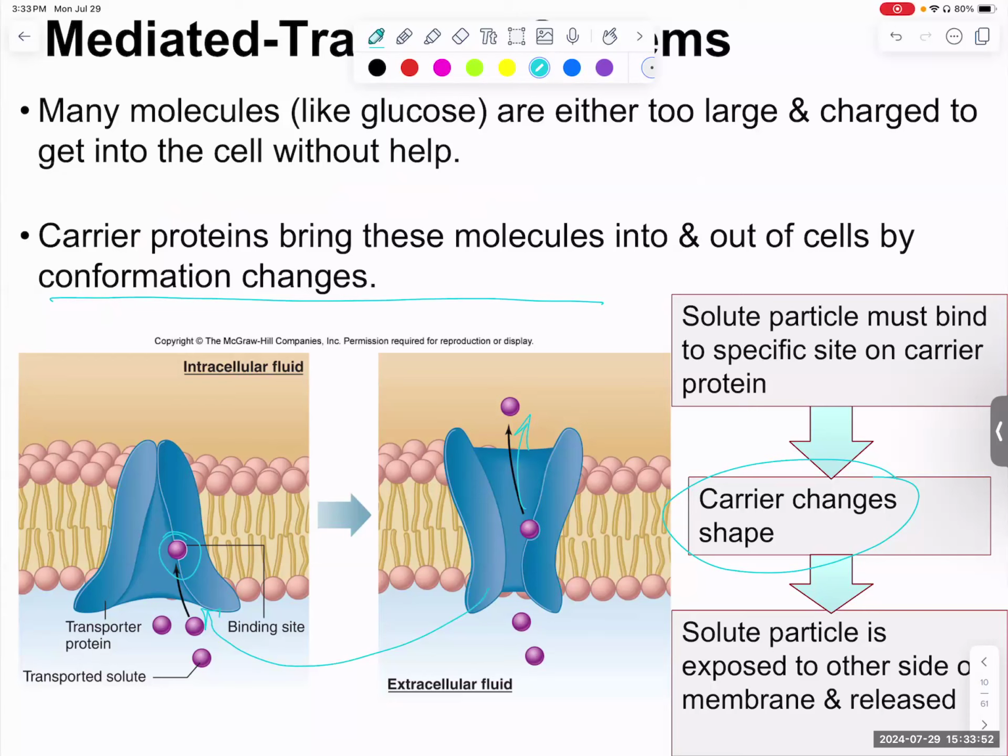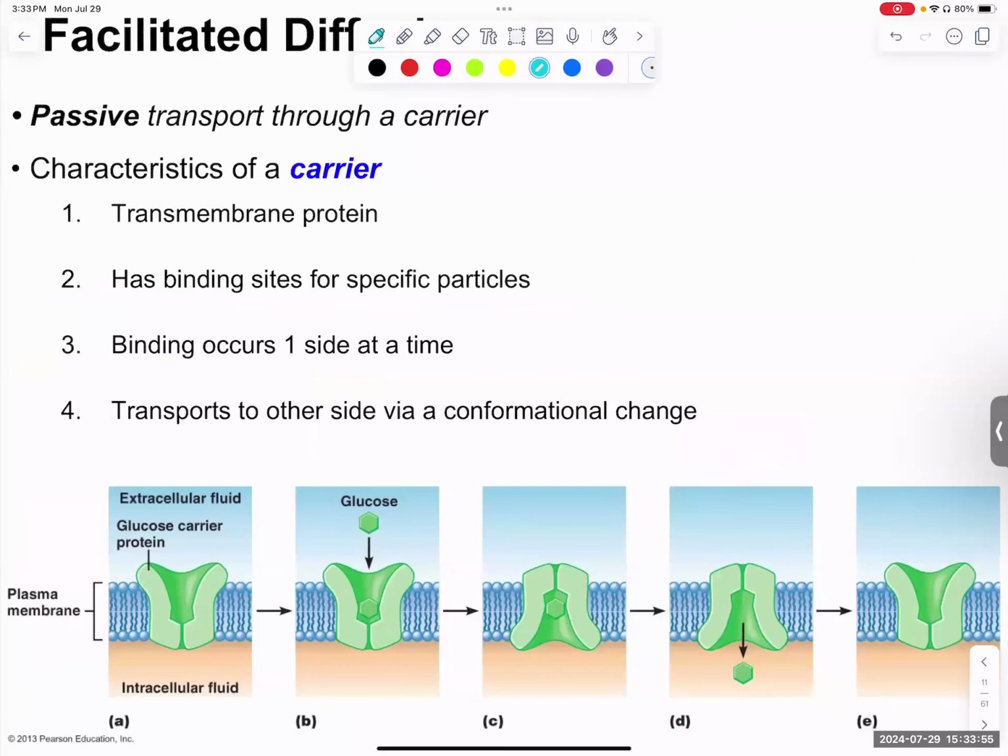Now, these carrier proteins can also have different speeds of how quickly they get a substance across the cell membrane. So characteristics of these carriers: they're embedded in the membrane, so they're transmembrane proteins. They have a binding site for a specific particle.